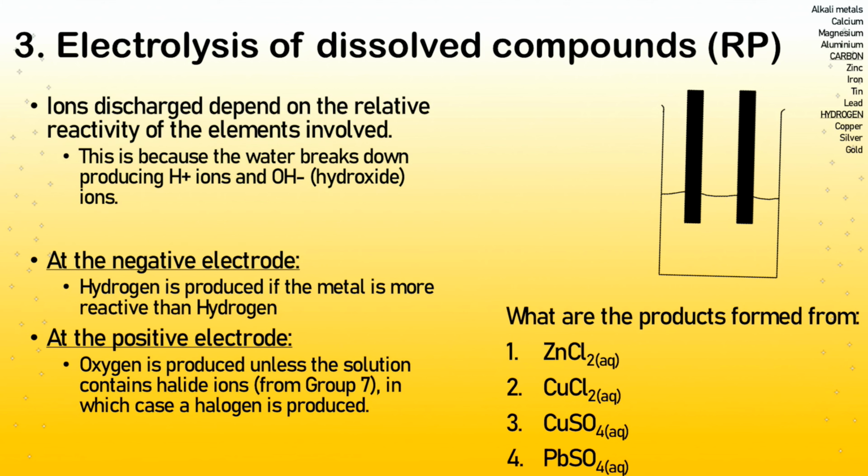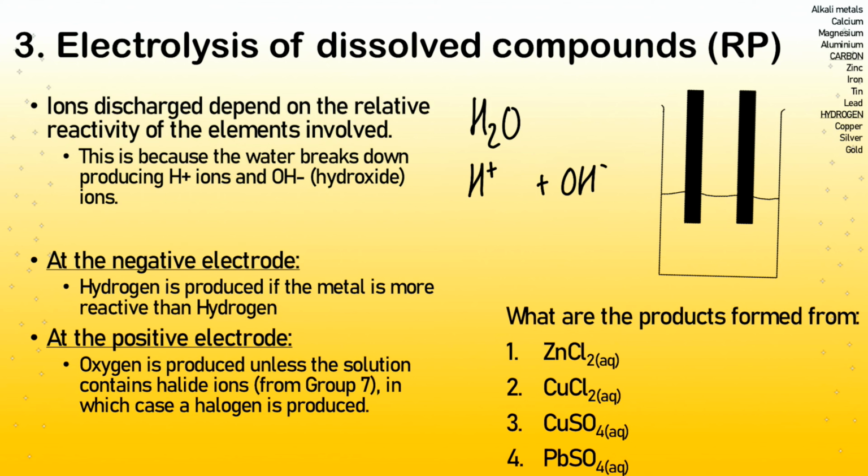The other type of electrolysis, where you're not just using a molten compound, is when we have it dissolved in water. When we dissolve things in water, we're mixing them with H2O, and water splits to H plus and OH minus, which means that the hydrogen ions can bind to the negative part of the ionic compound, and the OH ions can bind to the positive part of the compound, kind of loosely, which is what allows them to dissolve.